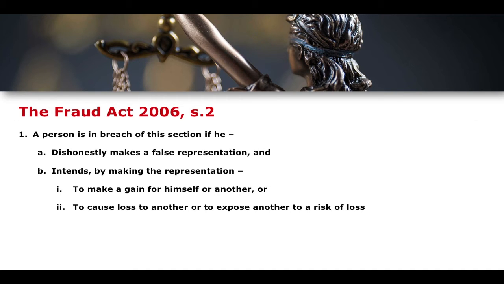So in order to commit fraud by false representation, you first have to dishonestly make a false representation. We'll get to what this means in a couple of seconds' time. And then there has to be an intent. Whereas theft is the dishonest appropriation of property with the intent to permanently deprive, fraud by false representation is the dishonest making of a false representation with the intent to gain or to cause another loss or risk of loss.